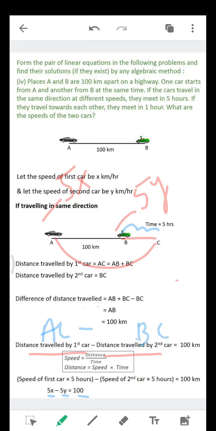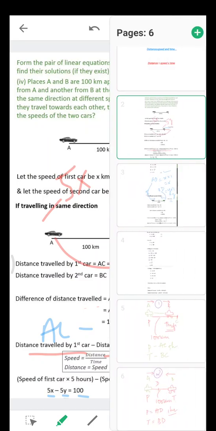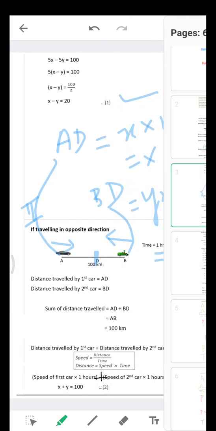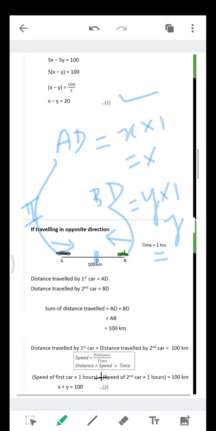When you do AC minus BC, you get 100 in this case. That is the reason we are subtracting. And in this case, when you add AD and BD, you get 100. So we are adding the distance traveled AD and the distance traveled BD, and that is equal to 100.